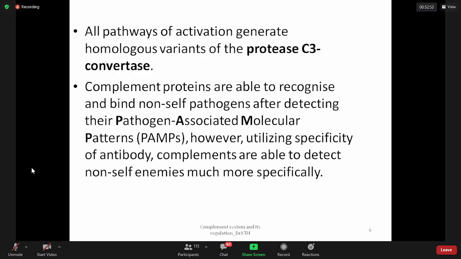But at the same time, like I will be telling you later, regulation requires presence of particular clusters of differentiation. And these are found on only human cells and not on the pathogen cells. So if you lack some of these clusters of differentiation, then complement will not necessarily be able to tell the difference between human and the antigen.